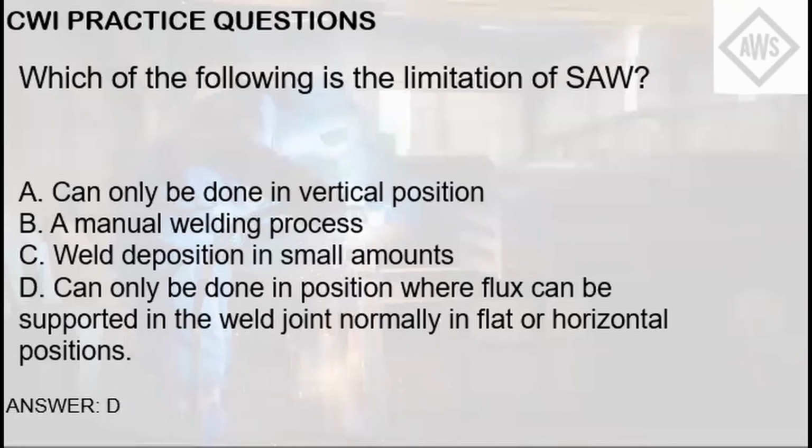Because of gravity, it will keep falling down. The flux is like sand covering the weld. Its primary purpose is to prevent moisture from creeping into the weld, much like the electrodes that need to be stored in the oven. So this flux also has a proper storage procedure to be followed as well.